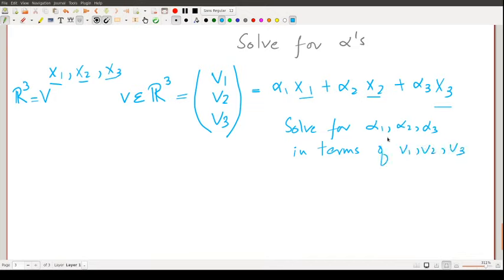So you have to show that I can find some alpha 1, some alpha 2 and some alpha 3. So you just have to solve this equation, right?